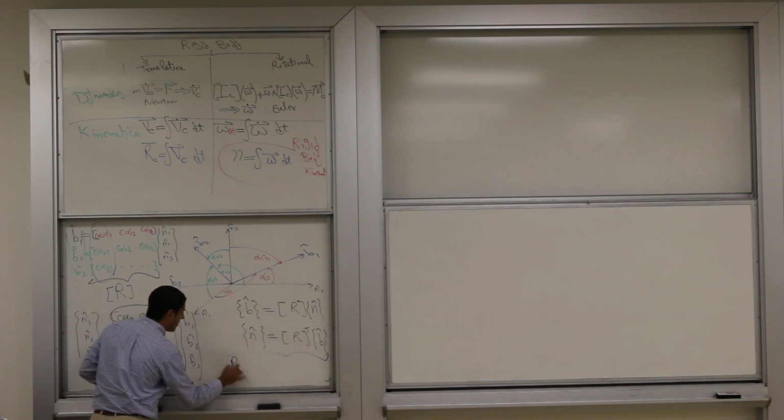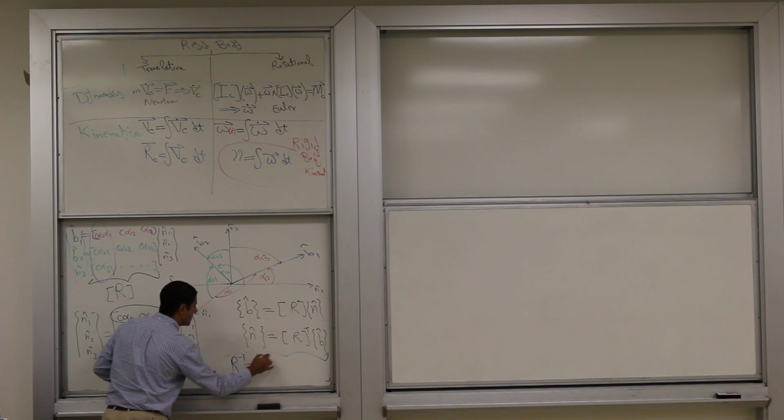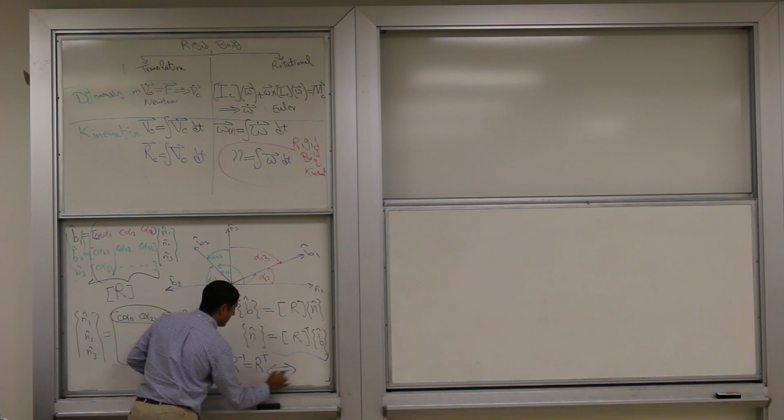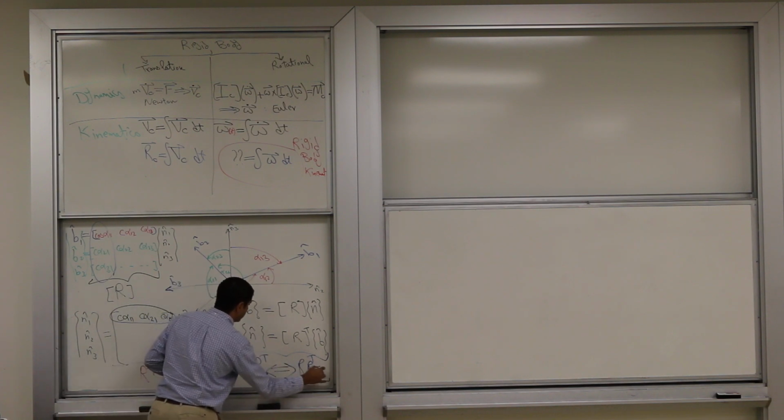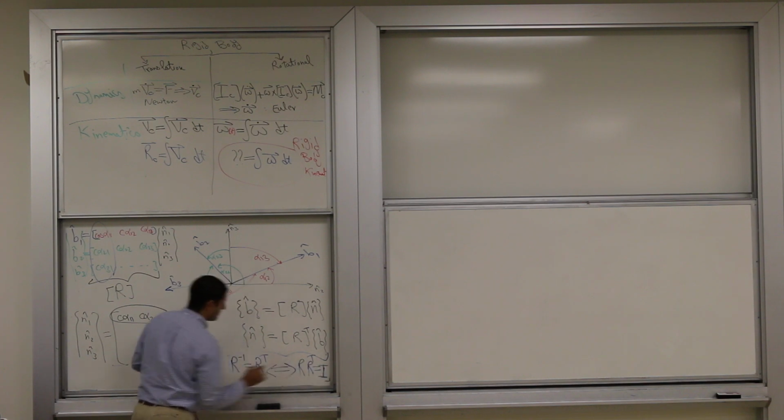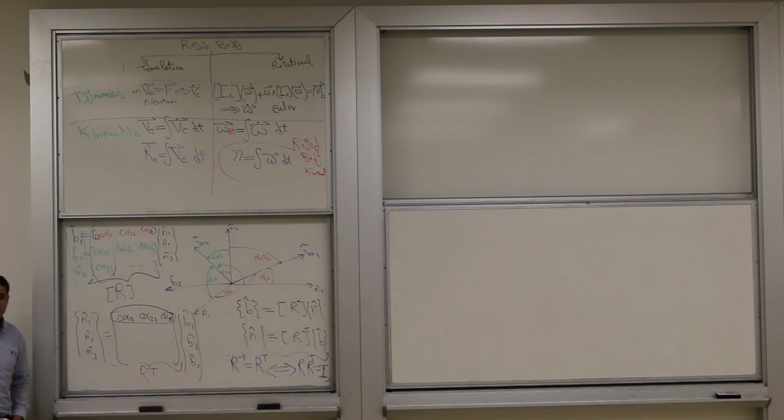It implies that R inverse is the transpose, equivalently R times R transpose is the identity matrix. Correct? Which means it's an orthogonal matrix. This is the definition of an orthogonal matrix. Okay? So 9 components subject to 6 constraints. What are these 6 constraints?